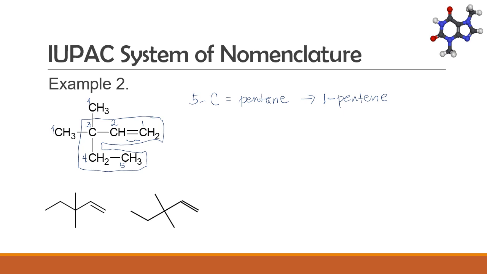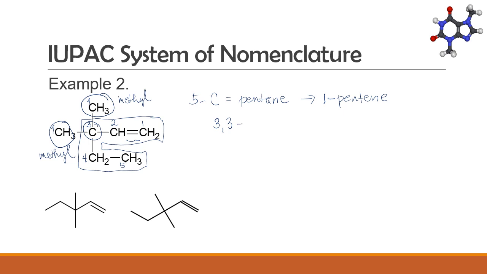Next, we have to identify the substituent groups. We have one methyl substituent here and another methyl substituent here. So both of them are attached to carbon number 3. So in this case, we write the number 3 twice to indicate that there are 2 methyls.